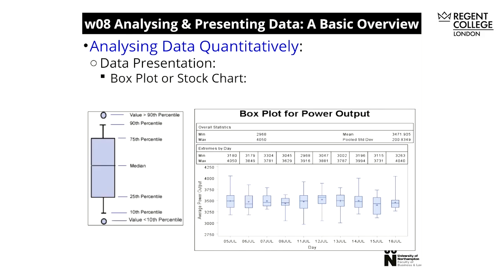Also, you can look at the median in the box plot. It tells you again from 5th July, 6th July, 7th July what happened to the data. So you're looking at that and it gives you some good information.